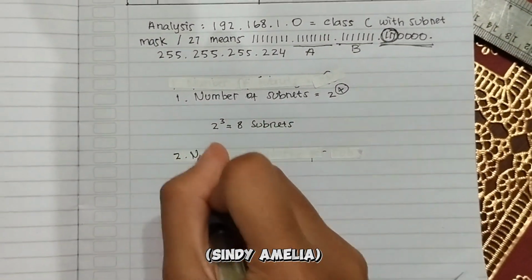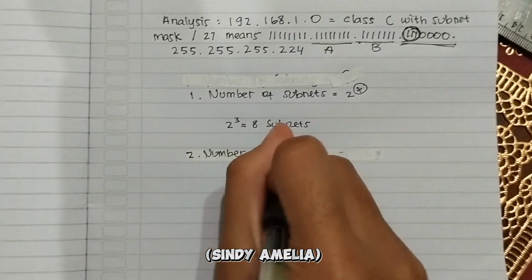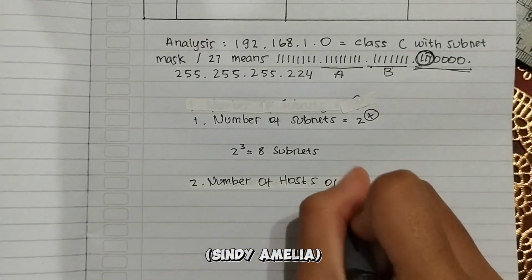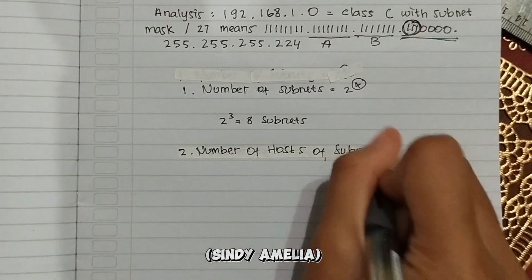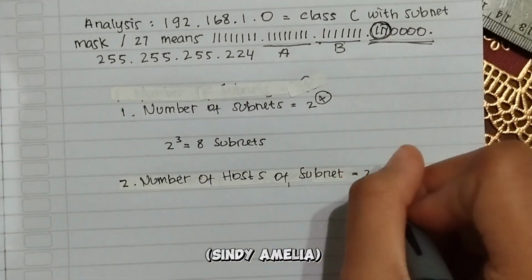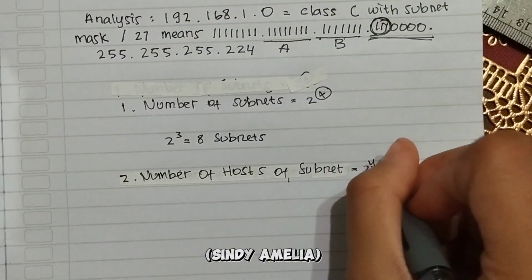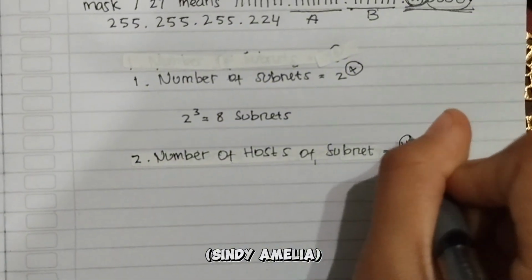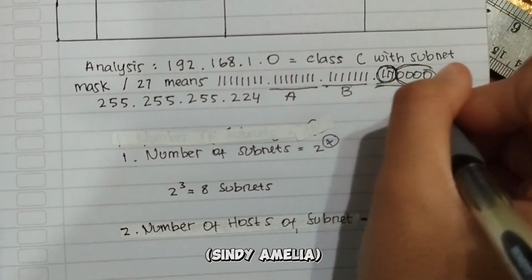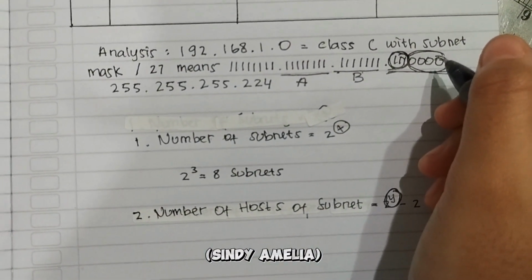2. Number of hosts of subnet equals 2 to the power of y minus 2, where y is the number of 0 binary digits in the last octet of the subnet mask.